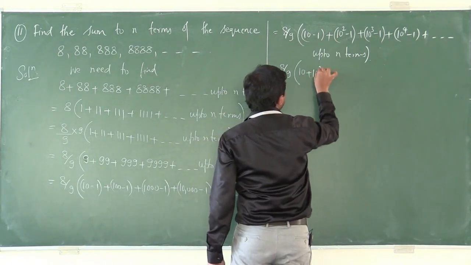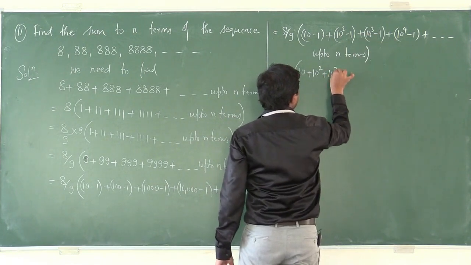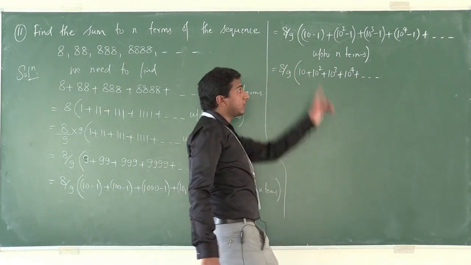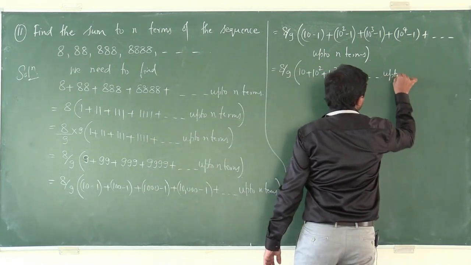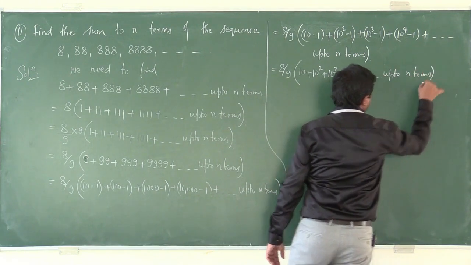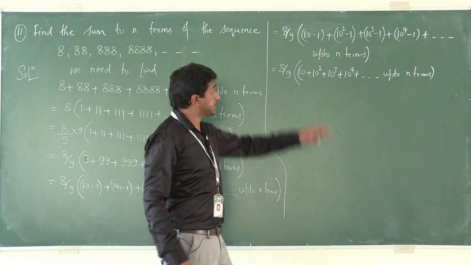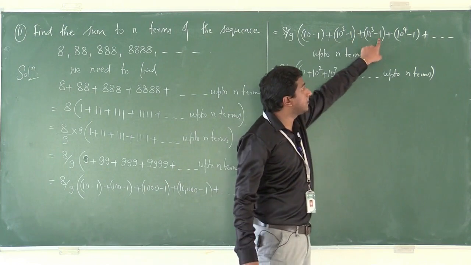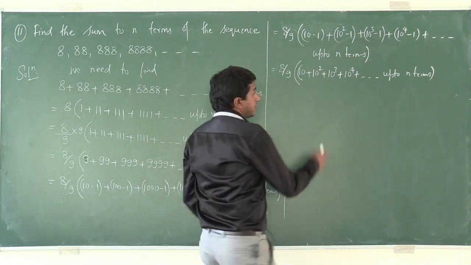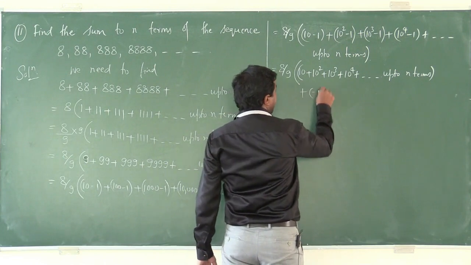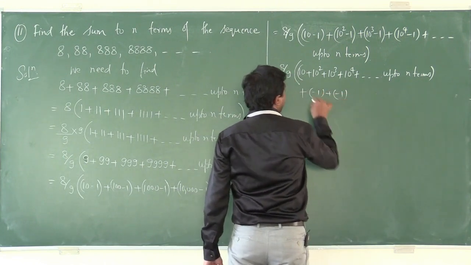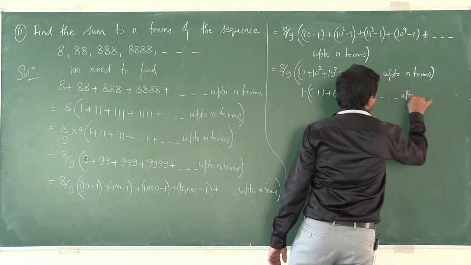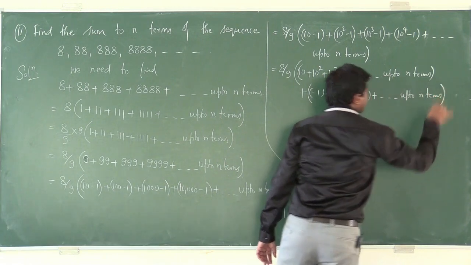What do we have? 10 plus 10 square plus 10 cube plus 10 power 4 plus so on up to how many terms? Up to n terms. What else am I left with? We are left with minus 1, minus 1, minus 1 up to n terms. So I can write plus minus 1 plus minus 1 plus minus 1 plus so on up to n terms.